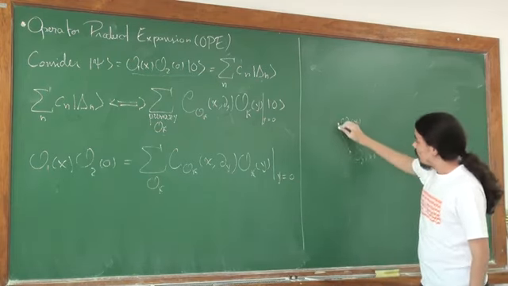Consider this correlation. So we usually drop the brackets for correlation points, but I will write them the whole time. Keep this one at the origin. And consider this correlation. It is a 3-point correlator.